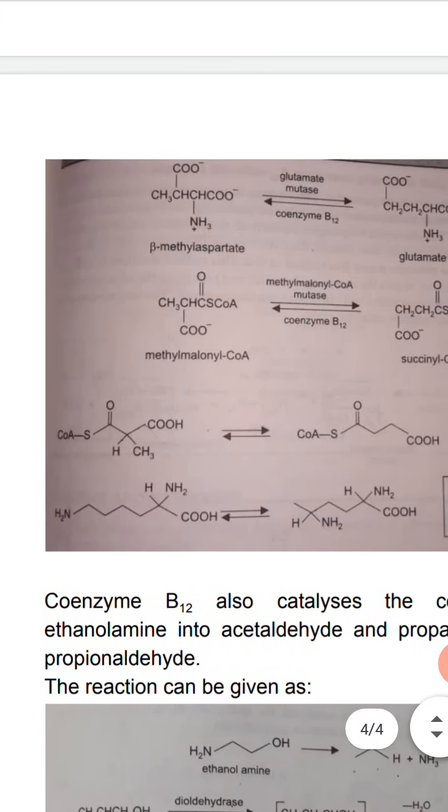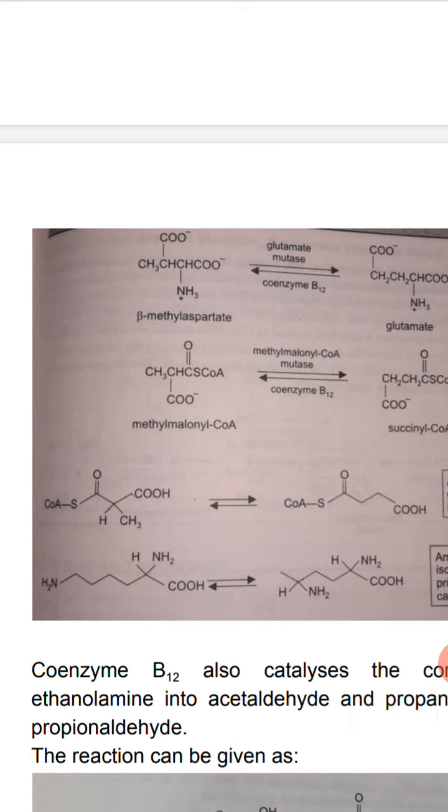So it is a very important coenzyme in biochemical reactions.